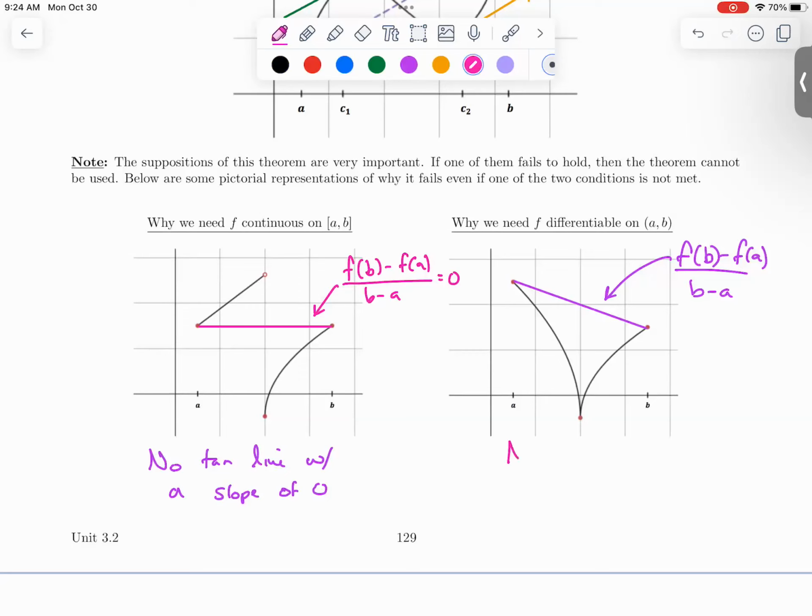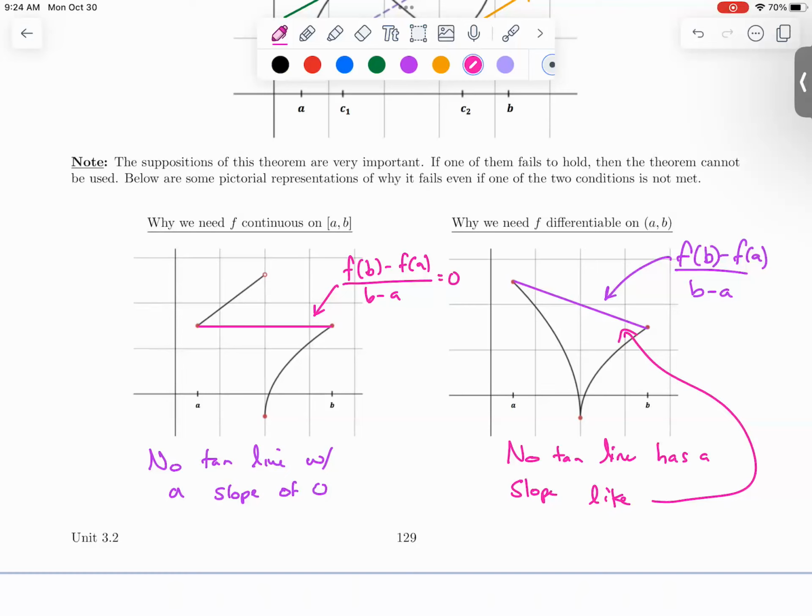So no tangent line has a slope like this. So that's why you need those conditions. You need to have it being continuous. You need to have it being differentiable on the open interval.